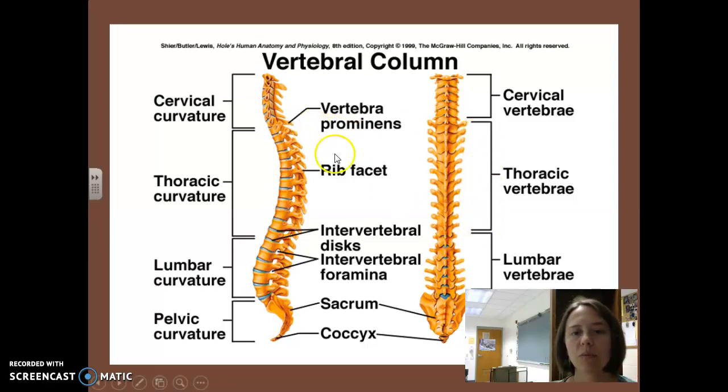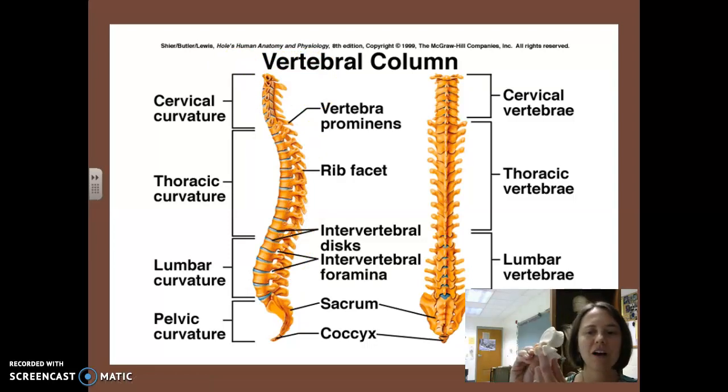And the thoracic vertebrae are going to articulate with your ribs, so they have facets to form a joint with the ribs. You can see in between all of the bodies of the vertebrae are intervertebral discs, which are made of fibrocartilage. And the vertebral foramina all line up, and they make one large foramen, one big hole, for the spinal cord to go through.